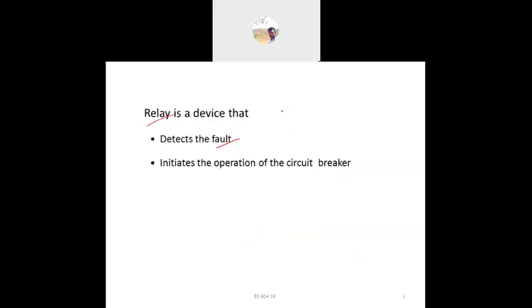It does not initiate the fault. Whatever fault occurs, for example if a triple line fault occurs in the line, the relay will detect the fault. It does not isolate the fault.